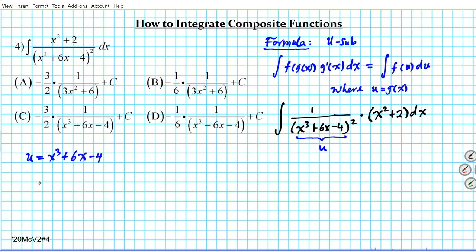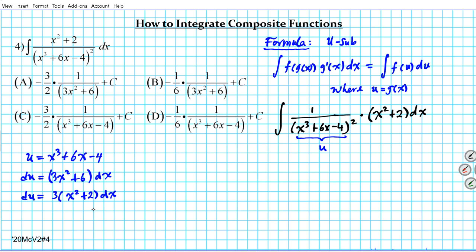The goal is to differentiate this and use algebraic manipulation to isolate x squared plus 2 dx from the differentiation of this equation. Let's differentiate. We have du equals 3x squared plus 6 dx. Now we want to get x squared plus 2, so we're going to have to factor out 3 from this quantity. If you factor out 3, we have x squared plus 2, exactly what we want.